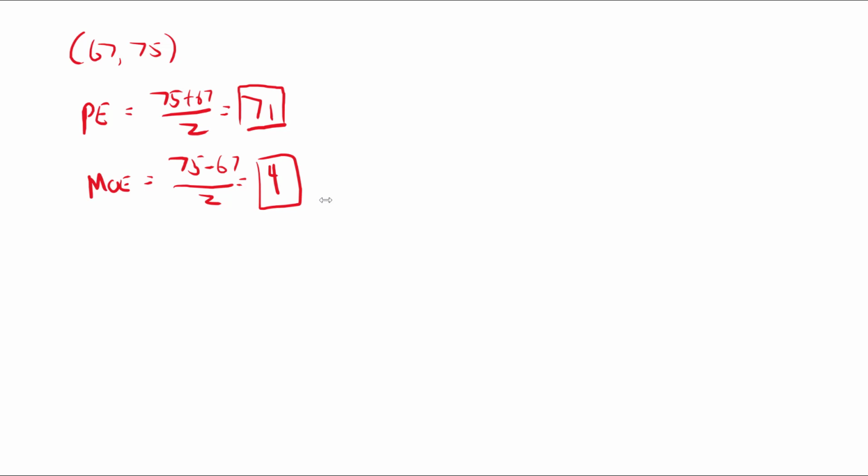But you can always check that if they just give you an actual interval here. So let's say we had another interval. Somebody else did it and they came up with, let's say, 60 and 82. Okay? Well, what would be the point estimate here?